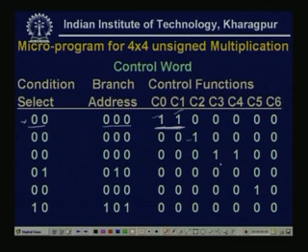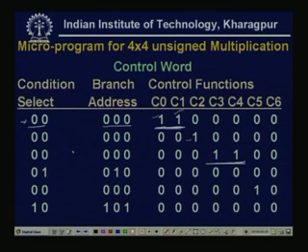Now C3 and C4: C3 is the addition, R is R plus M, and C4 is Q equal to Q minus 1. Again 2 microinstructions are grouped together, with no branching.